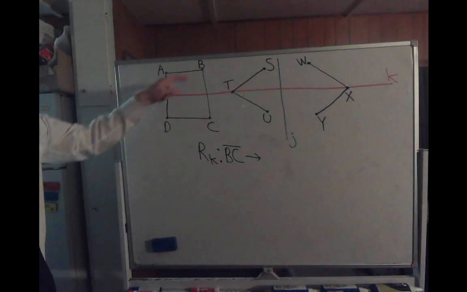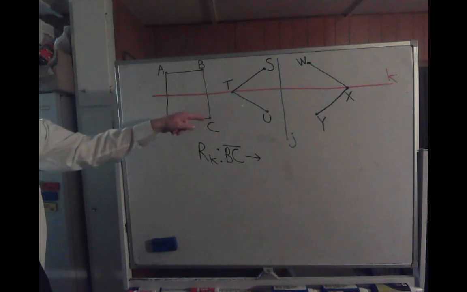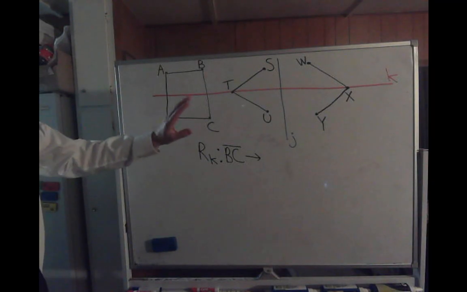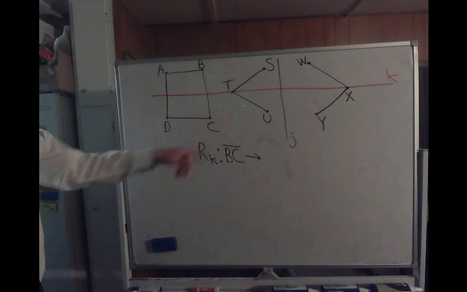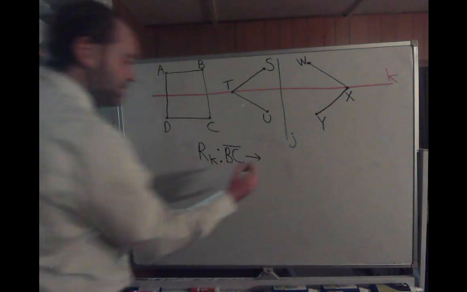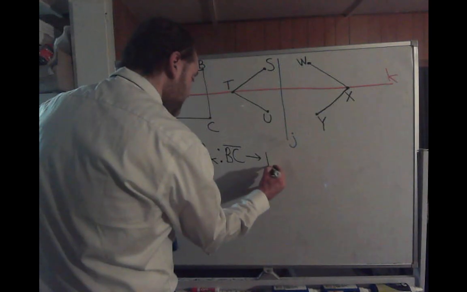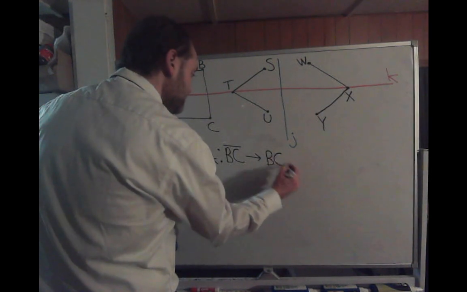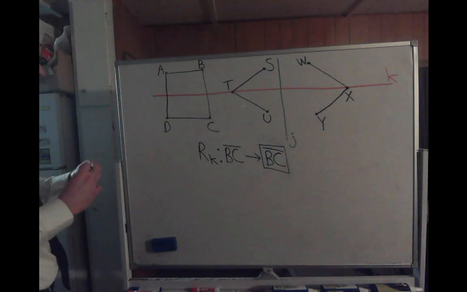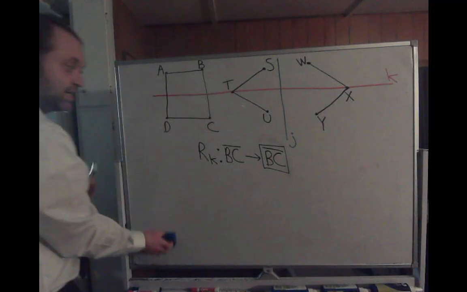The reflection of B would be C, the reflection of C would be B. So you're really not making any changes from left to right, you're just changing up to down. So the reflection through K of the segment BC would be the segment BC itself. That's what you would get, the segment BC itself.